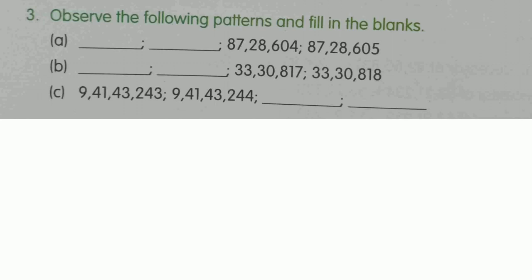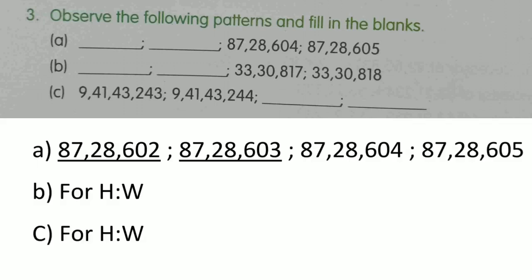The first number that is written over here is 87,28,604. So first of all, let us find out the predecessor. For this you just need to subtract 1, and when we subtract 1, we get the number 8728,603, that is 87,28,603. Now this fills our second blank. For filling the first blank, you need to find the predecessor of the second blank. The second blank digit is 8728,603.